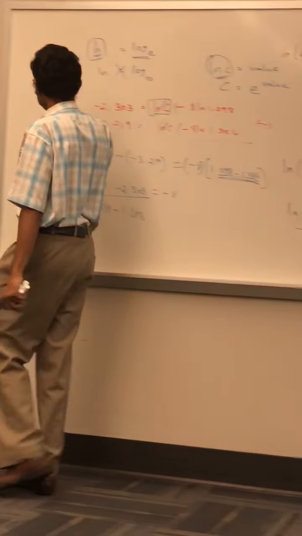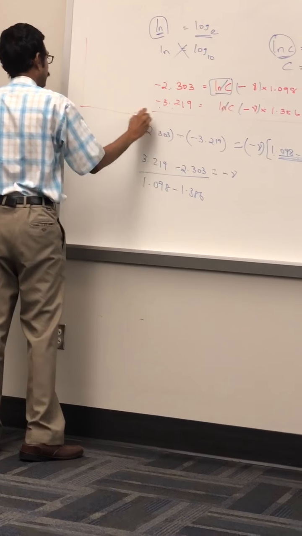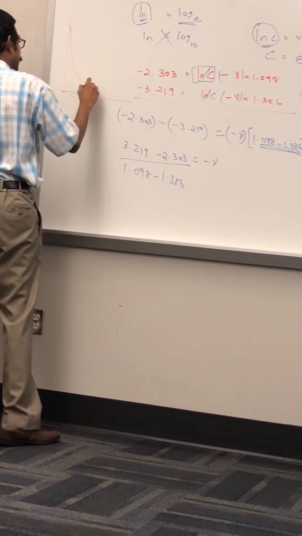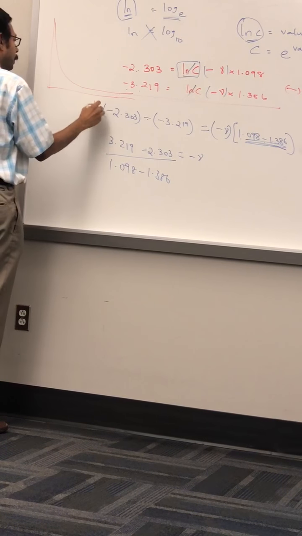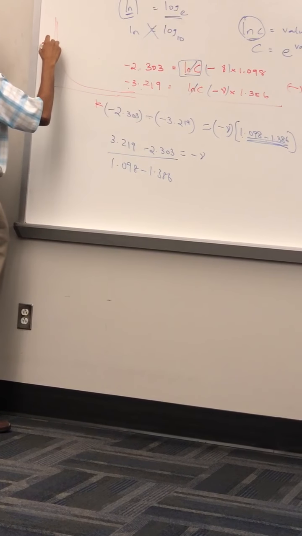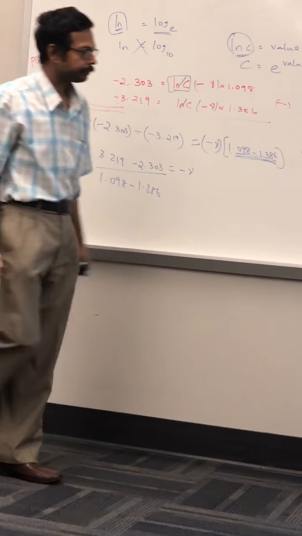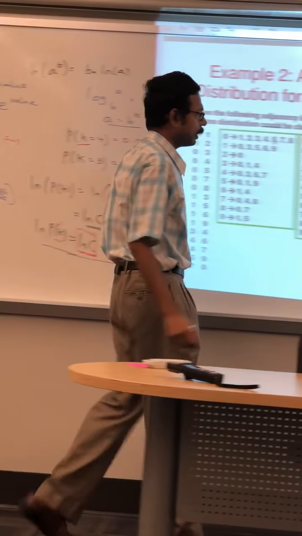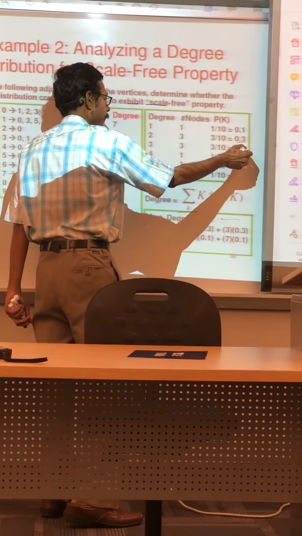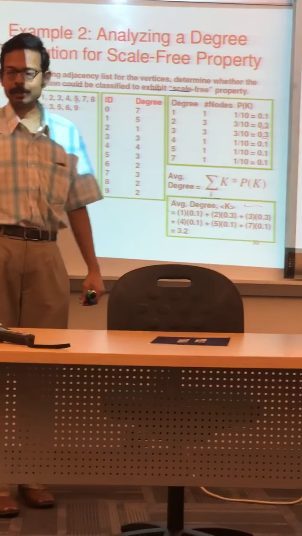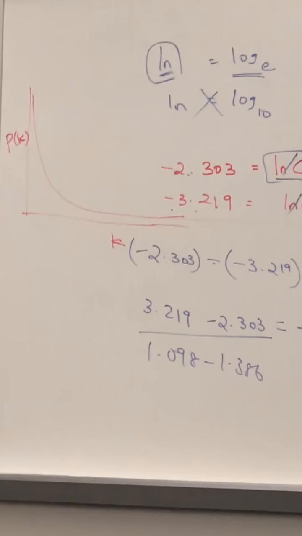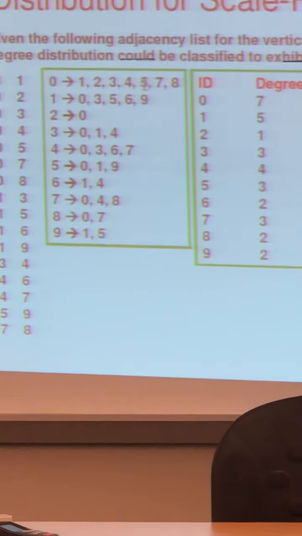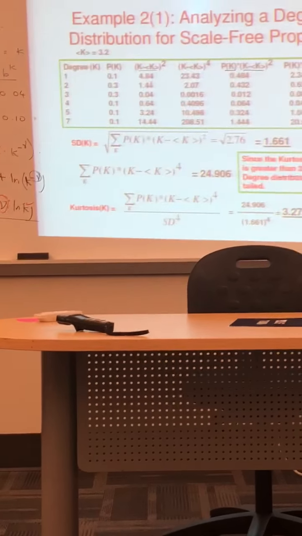Of course, this is a small network, so you cannot really expect to get a shape like this. But if you plot k versus P of k, you can see that for 2 and 3 you have a high probability, and as the degree increases, the probability reduces. Let us now do this example and see how it is here.